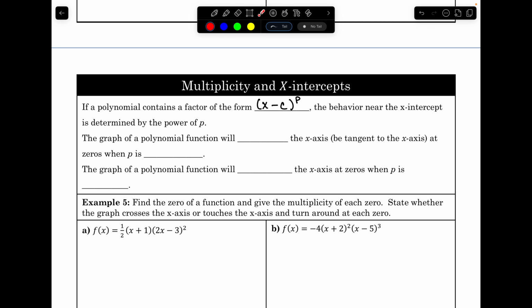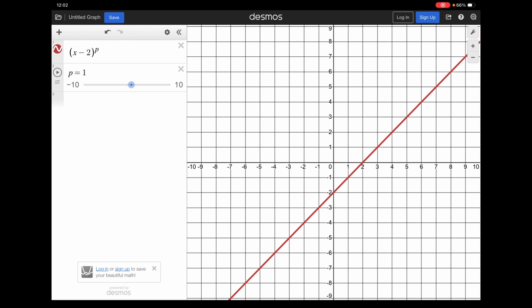The graph of a polynomial function is going to be tangent to the x-axis, which means it's going to touch the x-axis and bounce off at this zero, at x equals c, when that power p is an even number. And the graph of the polynomial function will cross the x-axis, intersecting it at that zero, when p is an odd number. So the behavior of the function depends on whether that number is even or odd. Let's analyze again what I'm trying to say here.